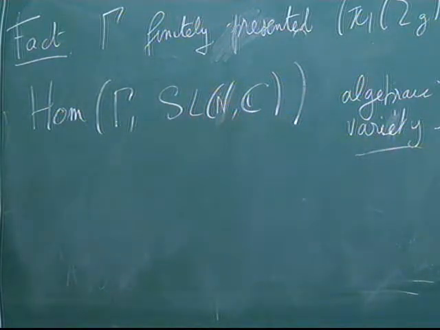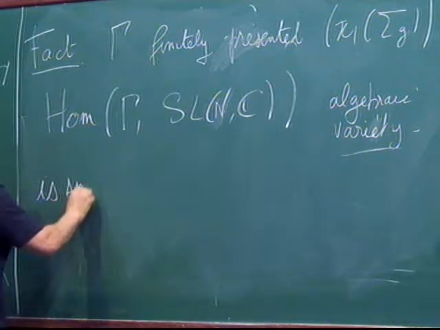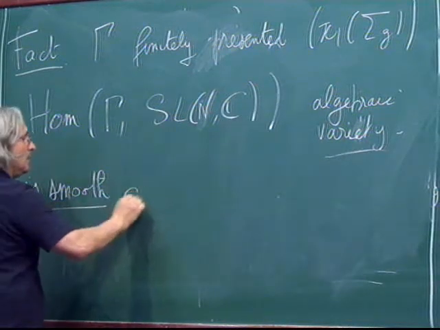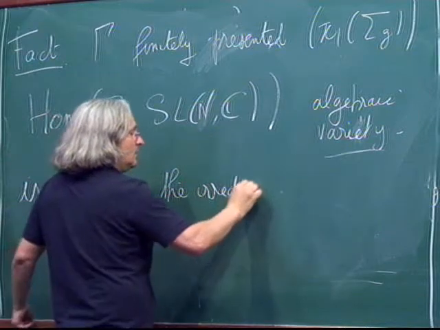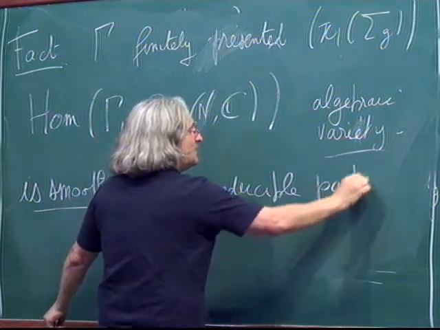And the claim is that this algebraic variety is smooth on the irreducible part. So I should explain what I mean by that.